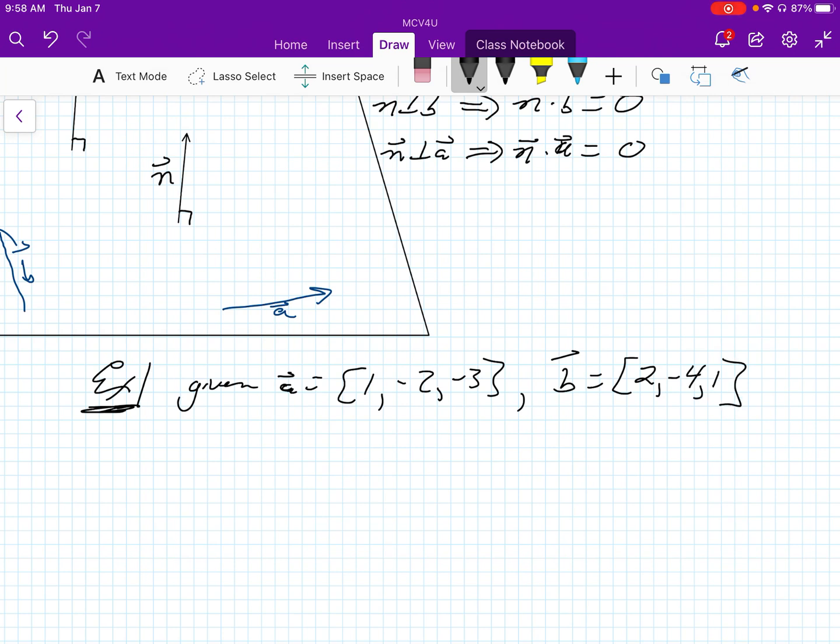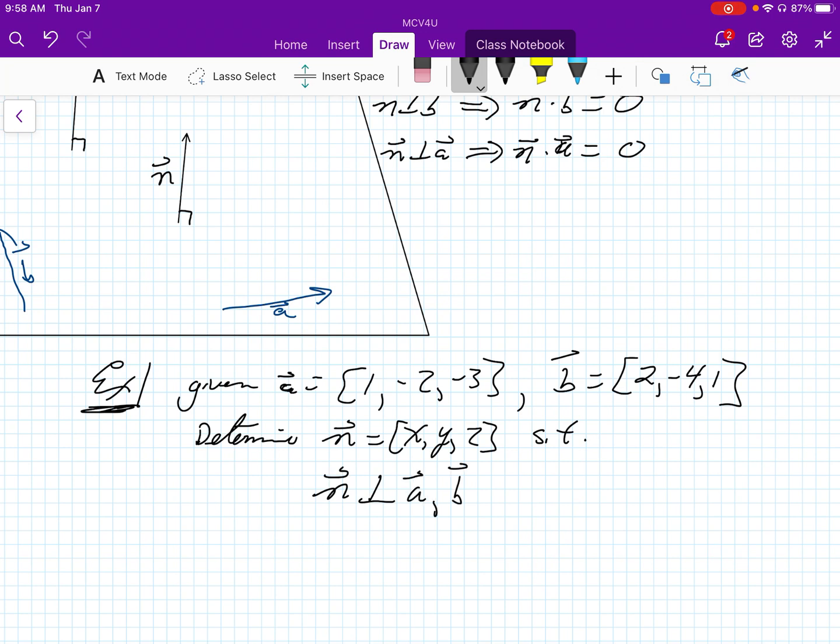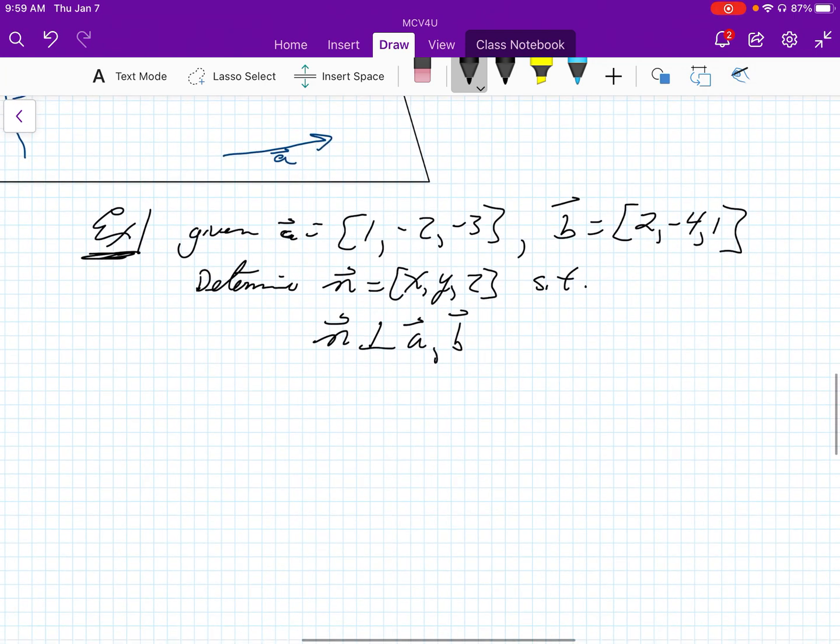We're going to determine vector n, and vector n is just going to be x, y, and z, such that n is perpendicular to both A and B. That's what we're going to do. So here's how we do it.